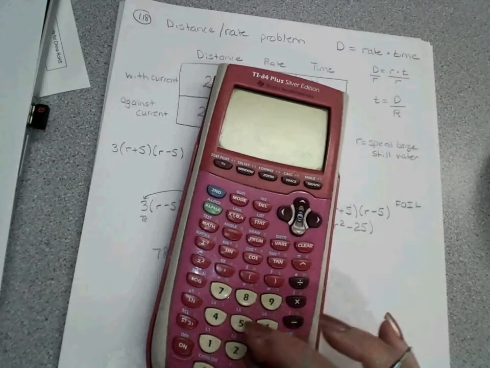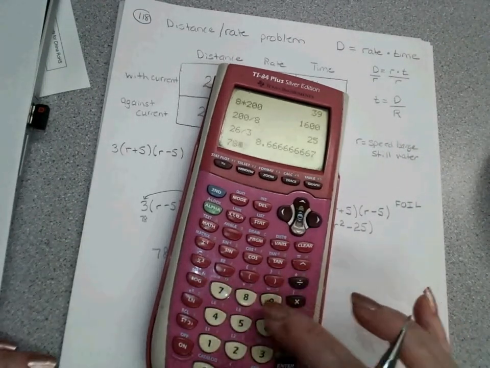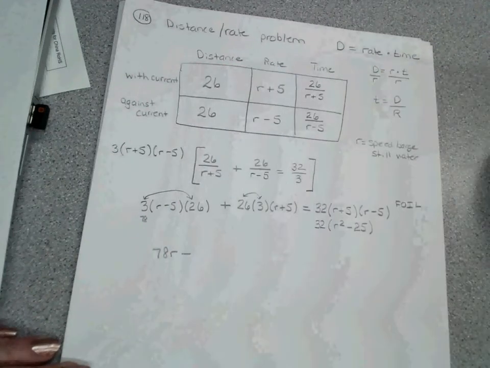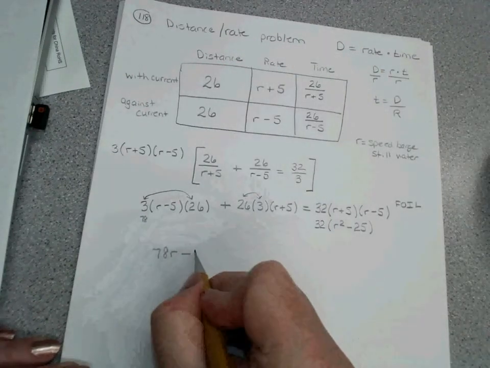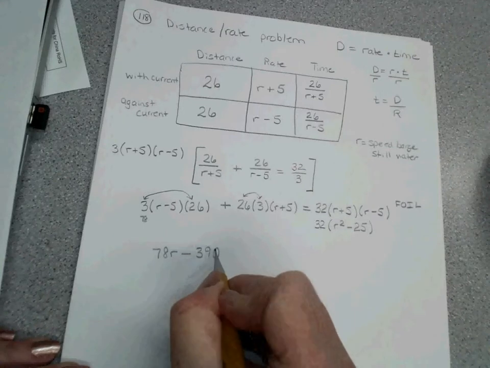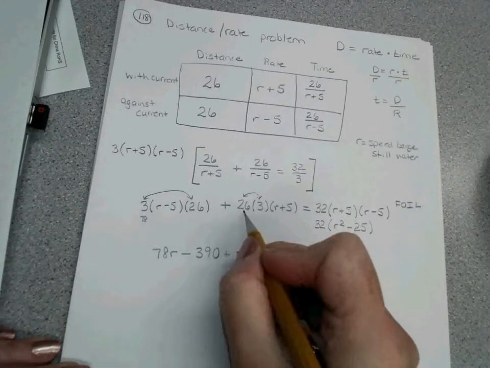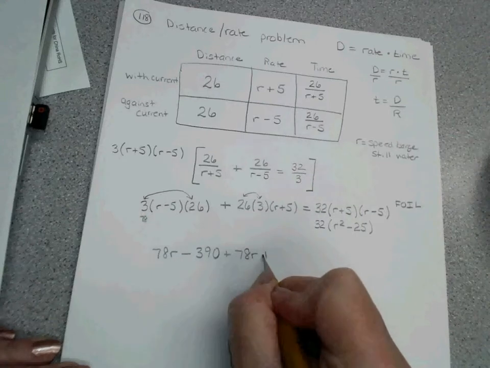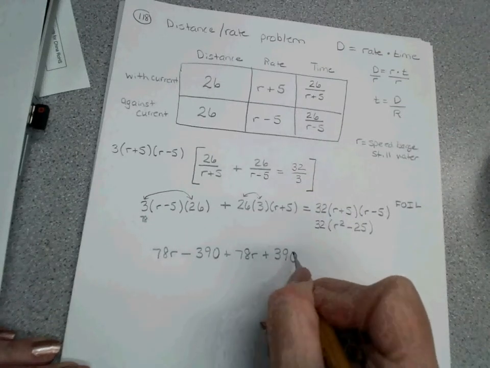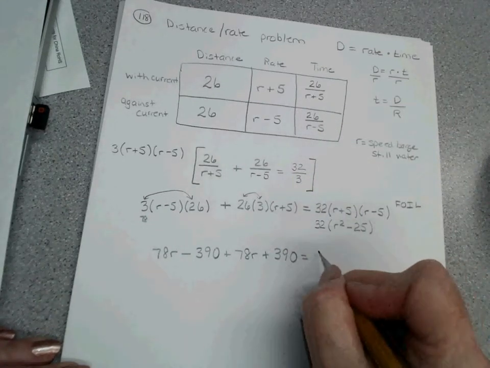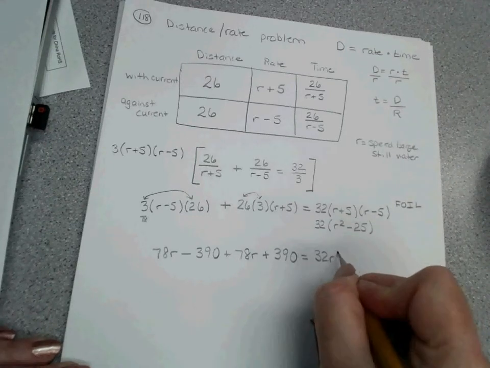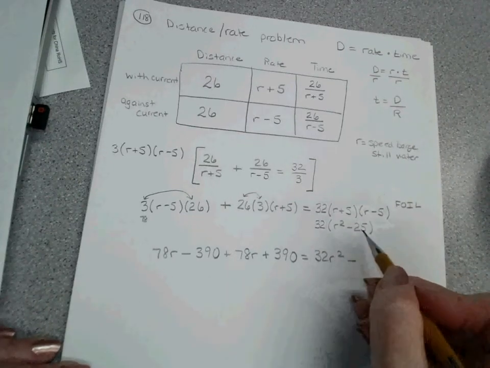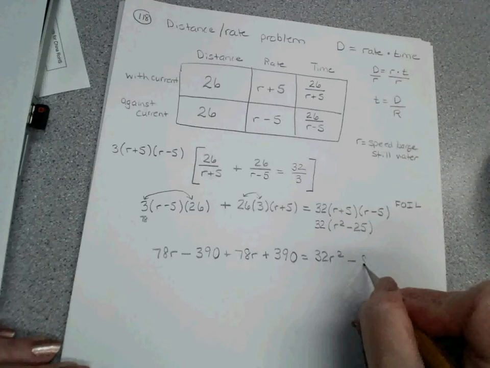I'm grabbing my handy pink calculator. 78 times 5 is 390. So that's a minus. 78r minus 390. Now this one's going to be 78r plus 390 equals, distribute here, 32r squared minus 32 times 25 is 800.